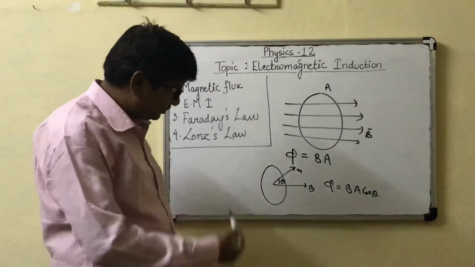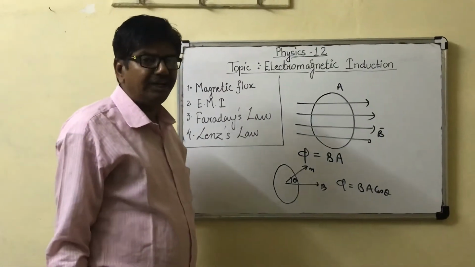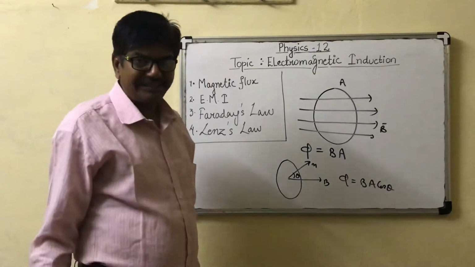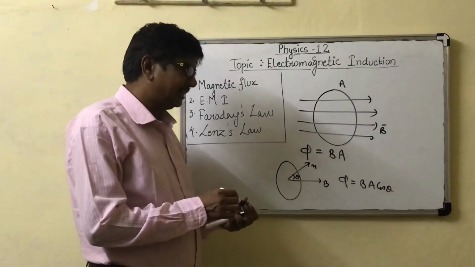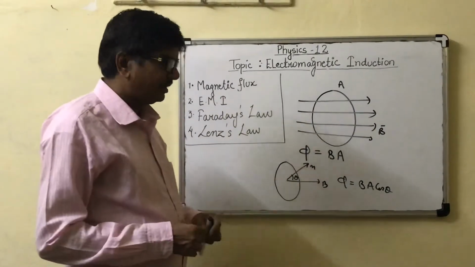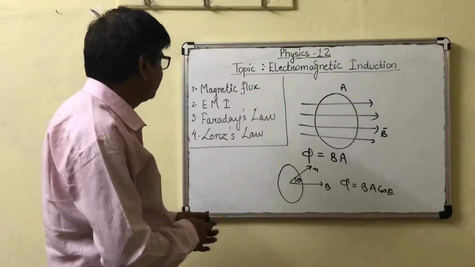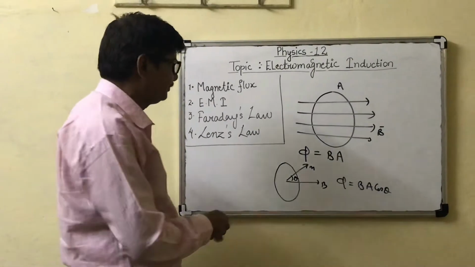So it is measured as the product of the component of magnetic field normal to the surface and the surface area, and is called magnetic flux. It is a scalar quantity. Flux may be positive or negative.